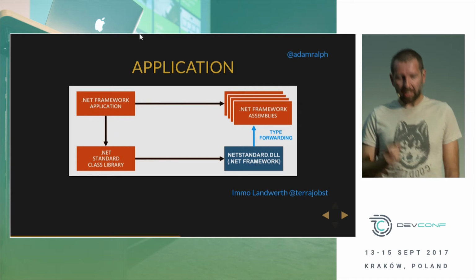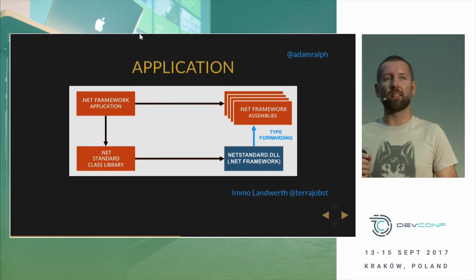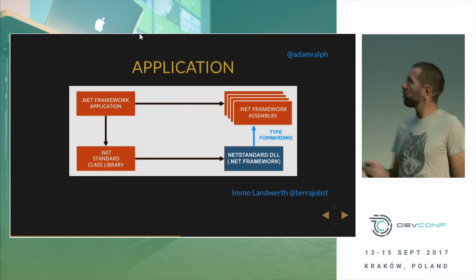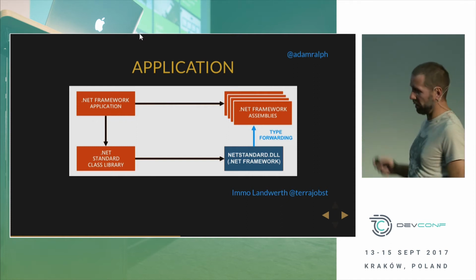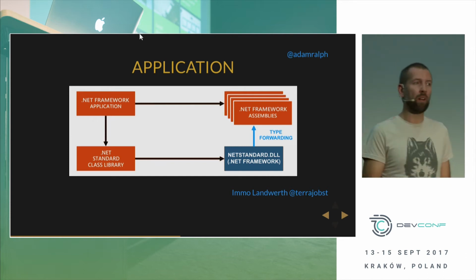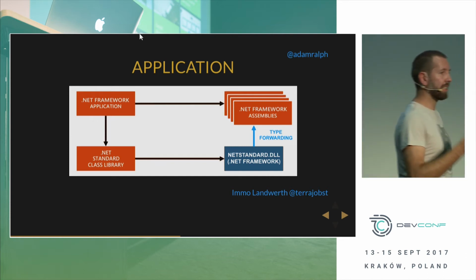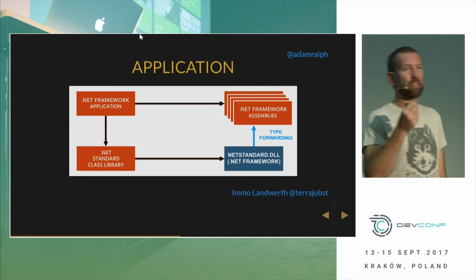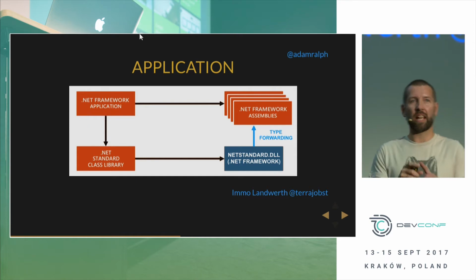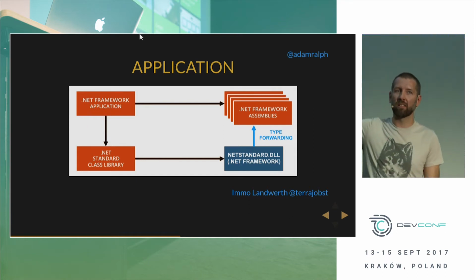However, this is a different Net Standard DLL. What's inside it is actually different. And what this actually does, it uses a thing called type forwarding. Type forwarding is something that's been around since, I think, .NET 1. And all it does is it allows an assembly to say that it contains a type, but when the runtime actually tries to use it, it says, actually, no, it's in this assembly over here.